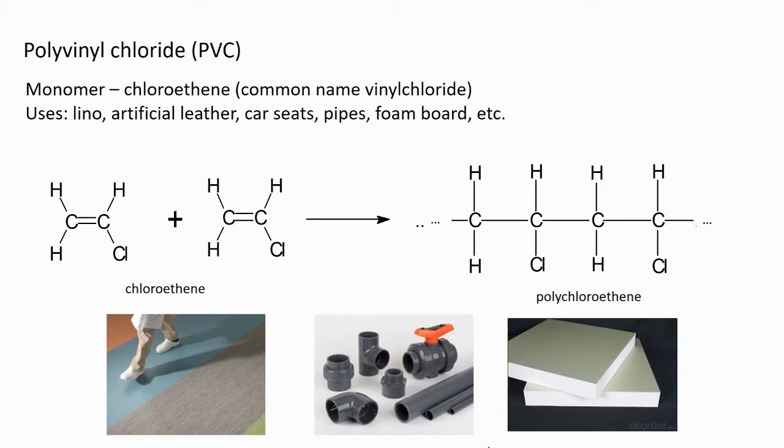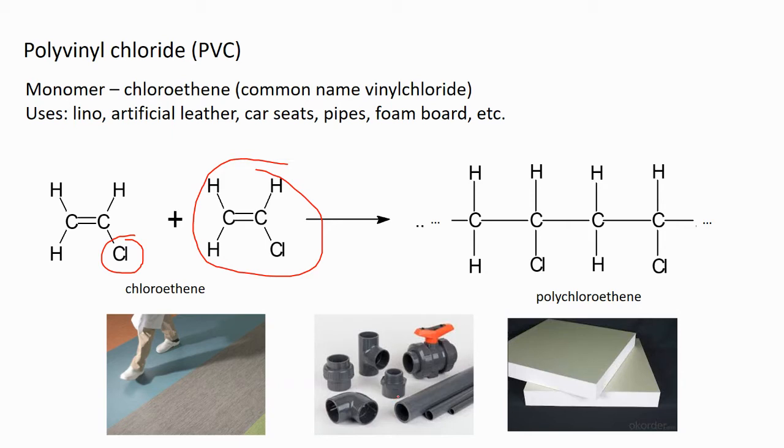Another example is polyvinyl chloride or PVC. Its monomer is chloroethene. So one of the hydrogens has been replaced with a chlorine atom. It adds to itself and makes polychloroethene. Now this molecule here is called vinyl chloride. That's its common name. So it's polyvinyl chloride or PVC.